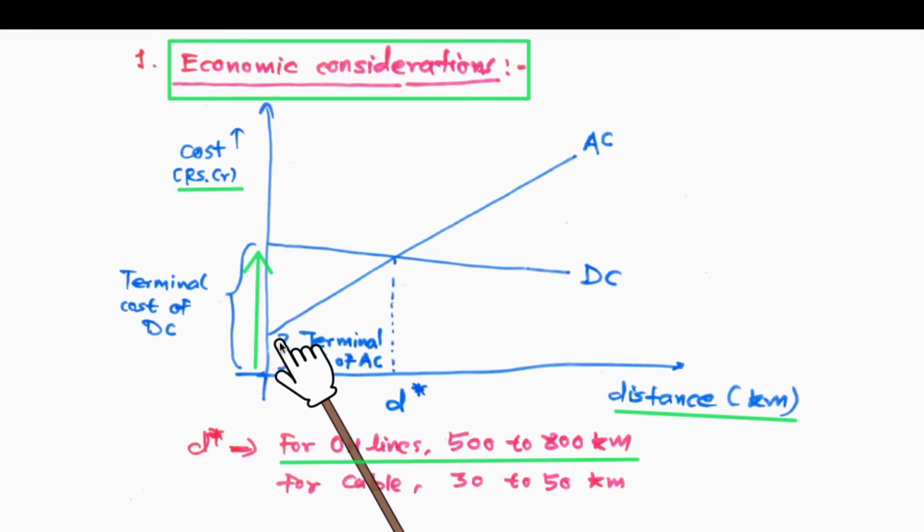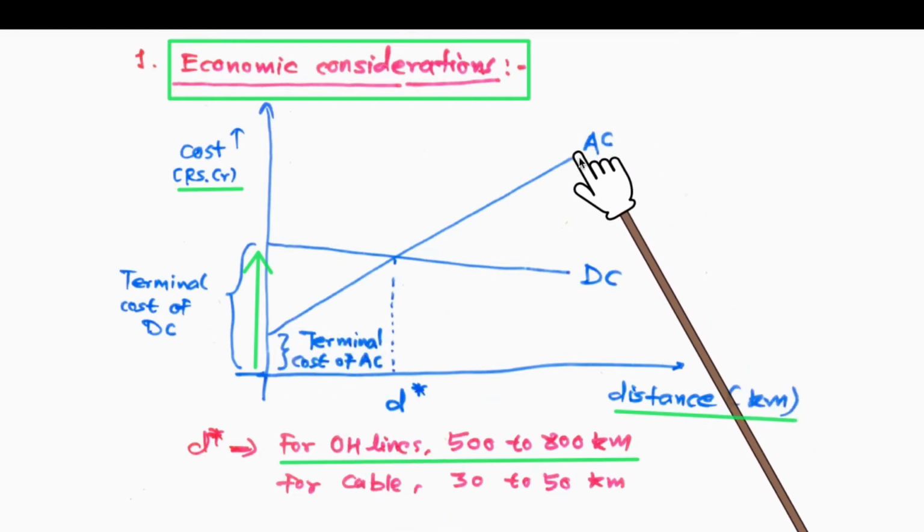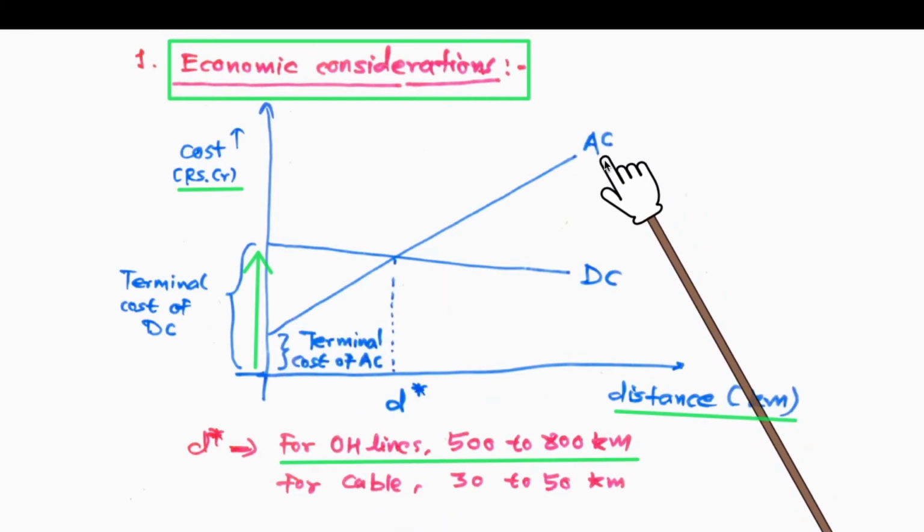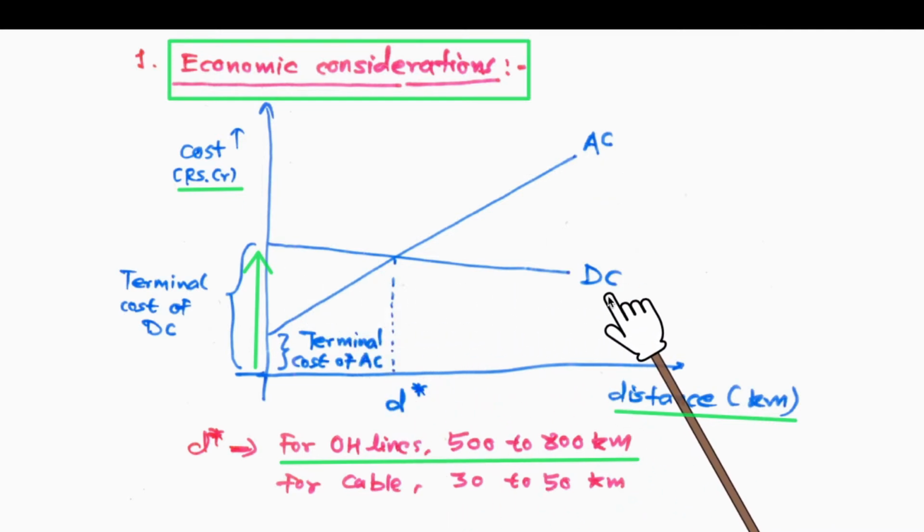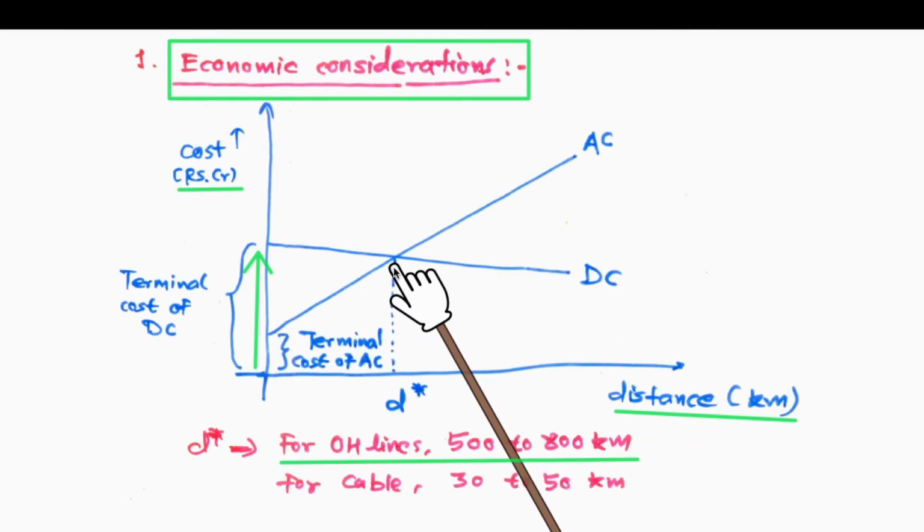The reason is that in AC you require compensating circuit at regular intervals, but in DC no compensation needed. No compensatory circuit is needed because there is no inductance and capacitance to be considered. So voltage profile is absolutely flat, except for the small resistive drop. Then what is the break-even distance?